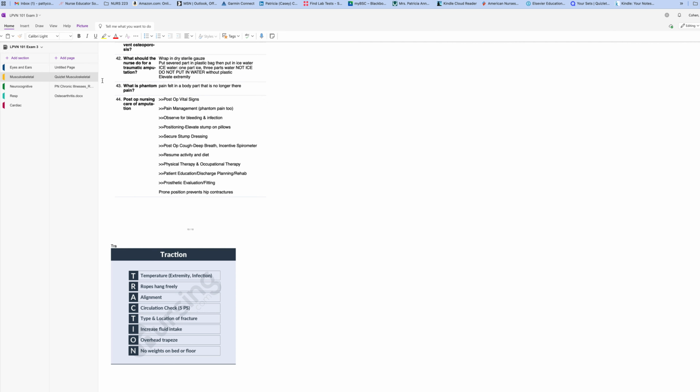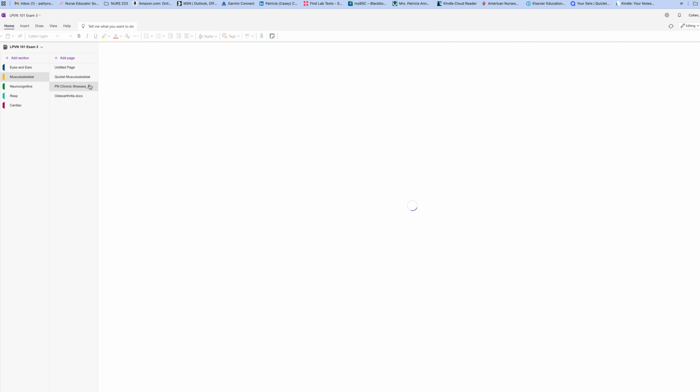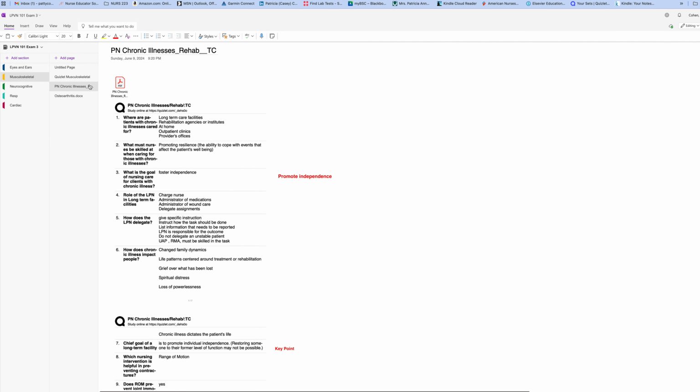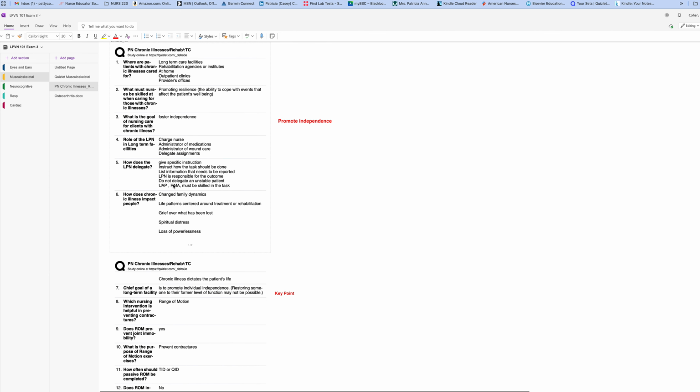Okay, with chronic illnesses, I know this is a lot, but chronic illnesses is really like fundamentals. You should already know these things, right? So the main goal with anybody with a chronic illness is you want to promote independence. So encourage all those assistive devices, encourage them to be independent as much as they can. You already know how to delegate, okay?